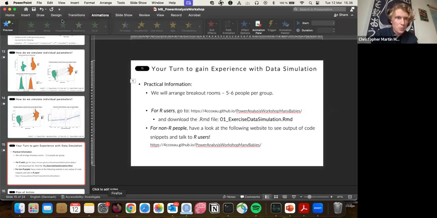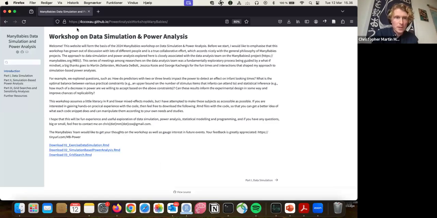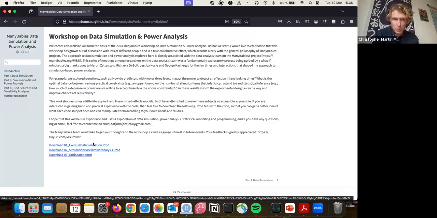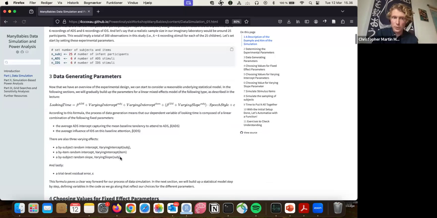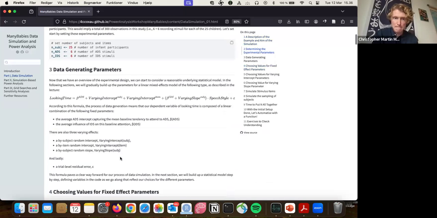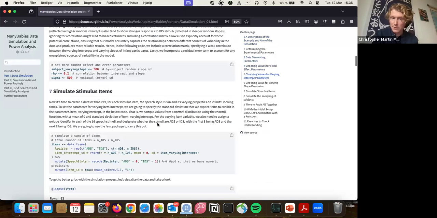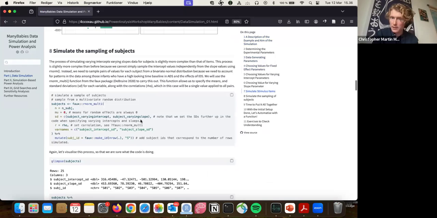Here's what the website will look like for you. You'll download the exercise sheet here. So just download the first one. And if you decide just to go through the R markdown file, then you'll get all of the visualizations here.